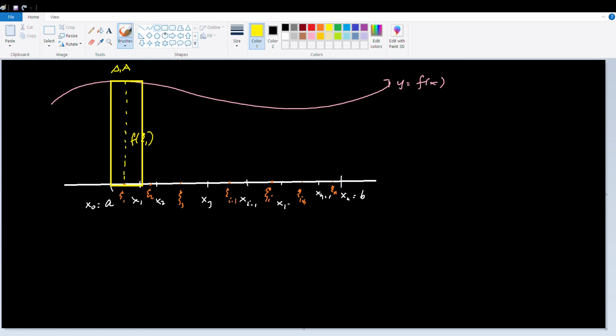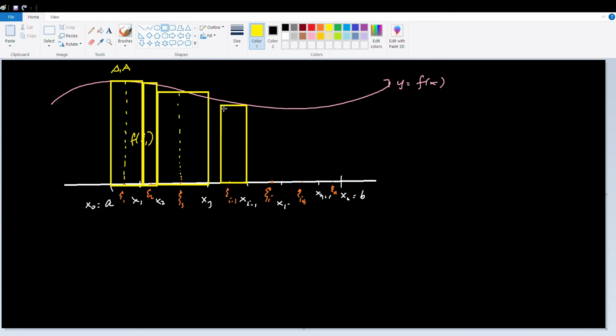And we'll be doing that for all the subintervals using the specified point, because that point will determine the height of the rectangle. So in this case, this will be the height based on the chosen point.